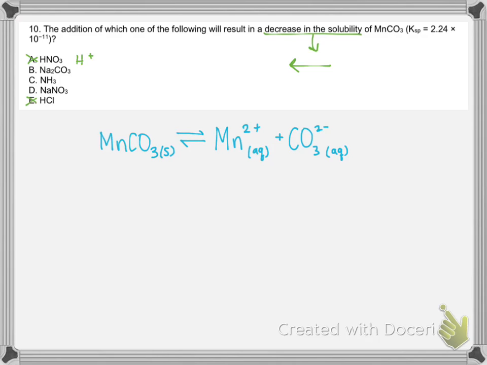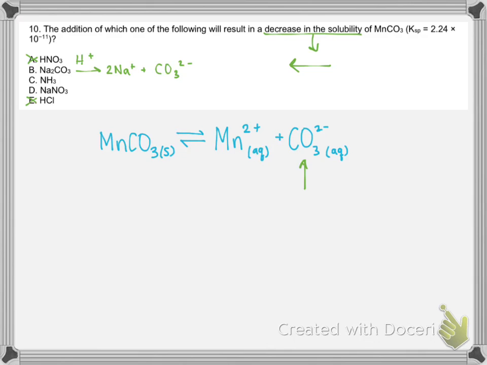Okay, and then in B, we know this is a strong electrolyte, so it's going to break into sodium ions and carbonate ions. The sodium's not involved in our equilibrium at all, but the carbonate is. So we'd be adding in more carbonate.